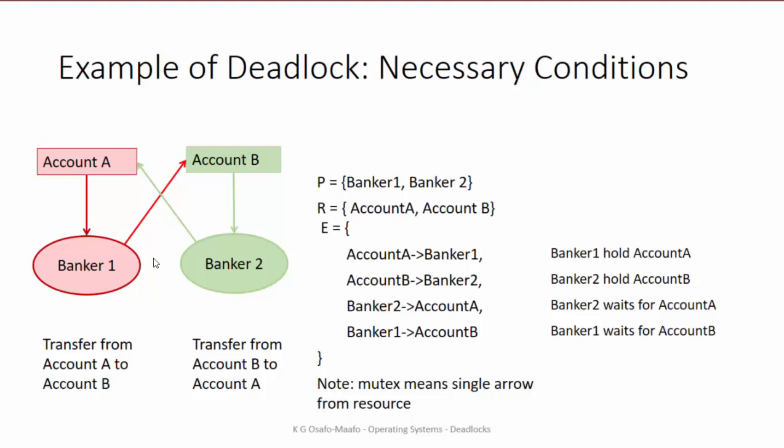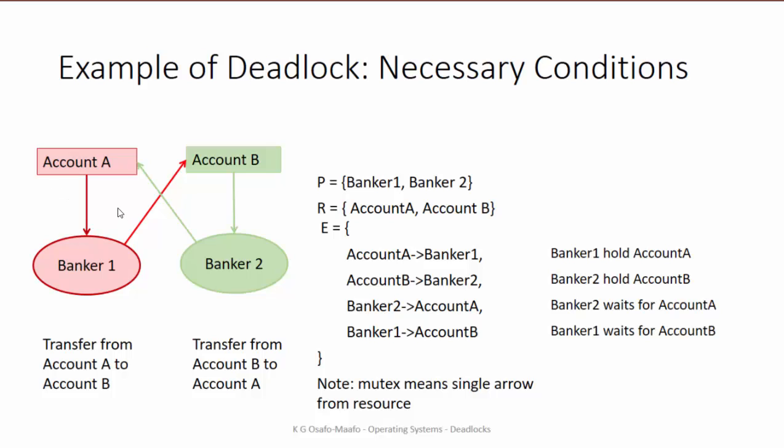Look at it carefully. You can see banker 1 is holding on to account A and is waiting for account B. Similarly, banker 2 is holding on to account B and is waiting for account A. No preemption means, of course, account A is held by banker 1 and he doesn't want to let it go.